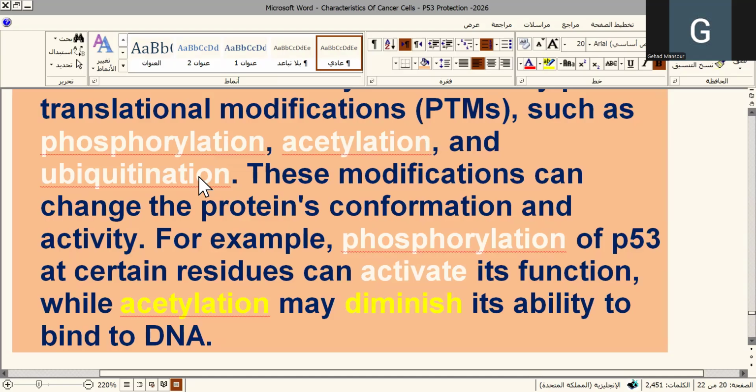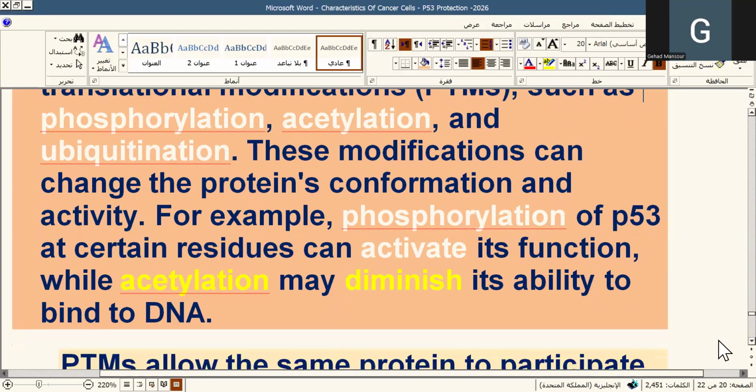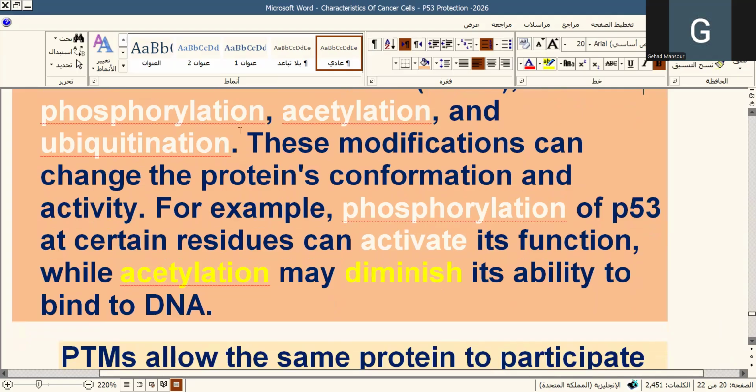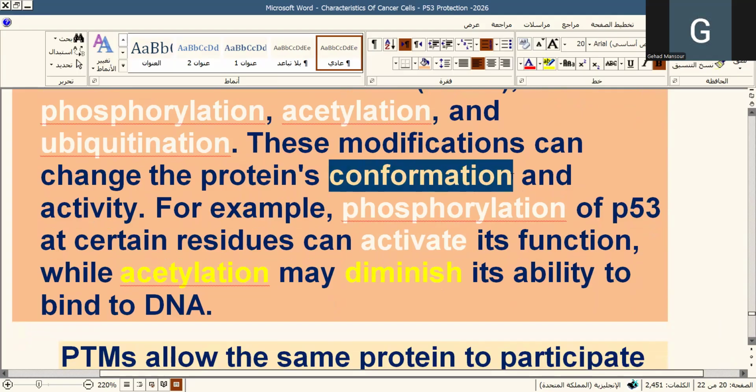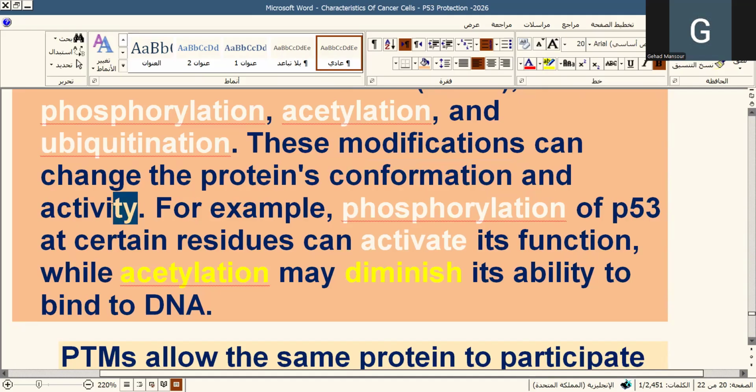So there are three processes that P53 can undergo and that can affect its function, which are phosphorylation, acetylation, and ubiquitination. These modifications will change the conformation of P53. That's to say, they will change the shape of the molecule of P53. And as you know, any change in the 3D conformation of a protein will definitely change the activity of that protein.